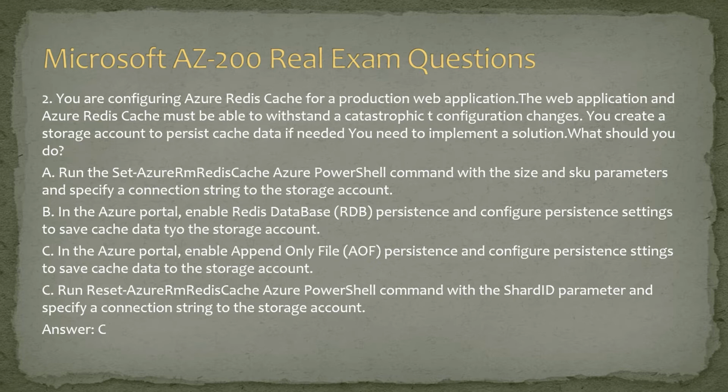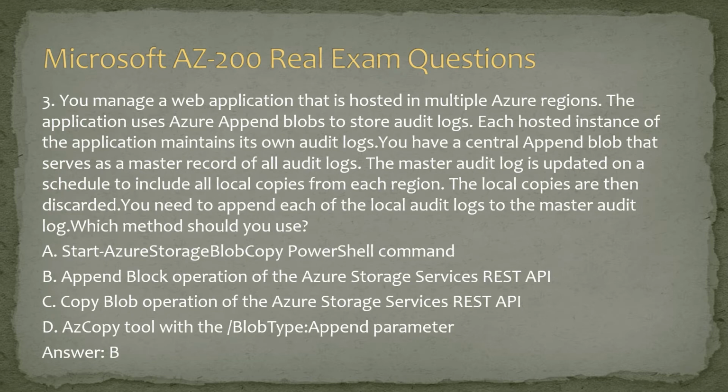C. In the Azure portal, enable Append-Only File (AOF) persistence and configure persistence settings to save cache data to the storage account. D. Run the Reset-AzRedisCache Azure PowerShell command with the sharded parameter and specify a connection string to the storage account. Answer: C.